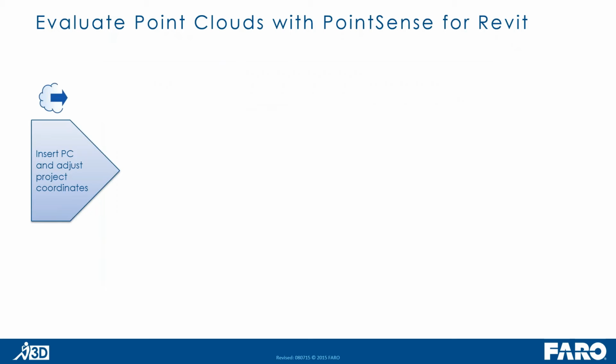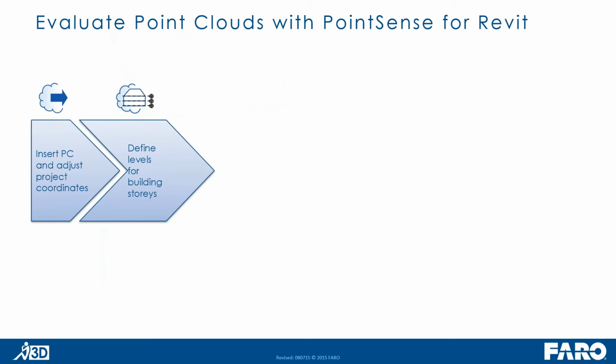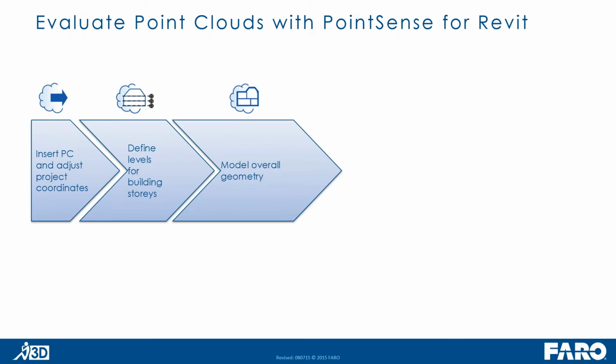So if you have a look at the workflow from point cloud to model in Revit, of course we start with inserting the point cloud and adjusting your project coordinates, setting up a shared coordinate system if you need, and then we go to the elevation or section and define our levels for each building story, and in each level we can model the walls and the overall geometry.